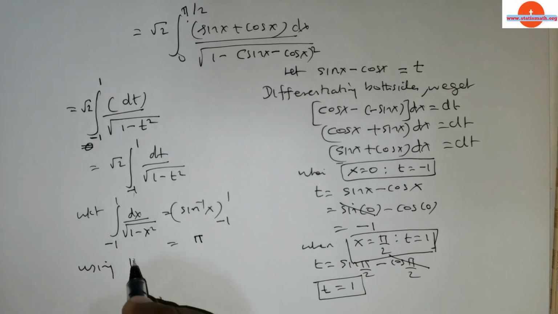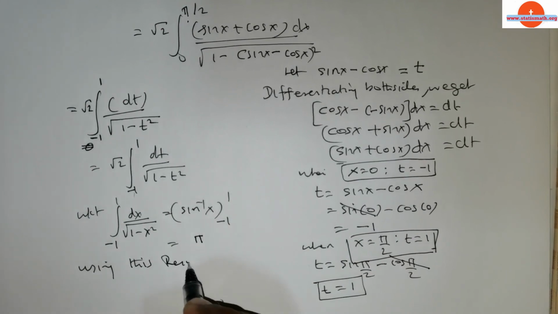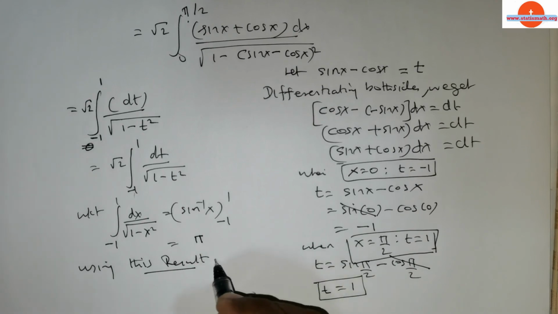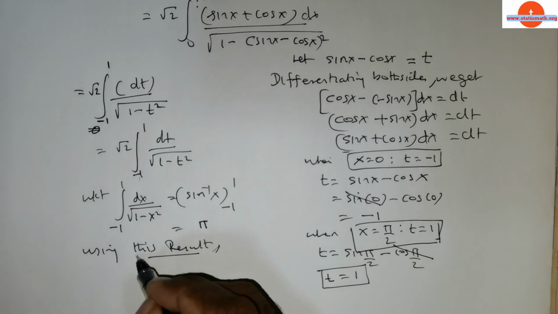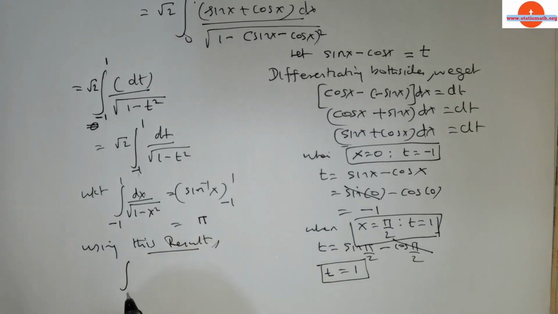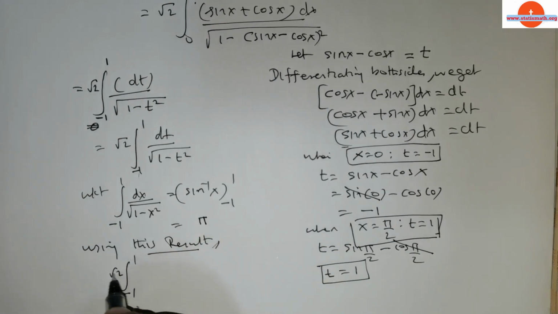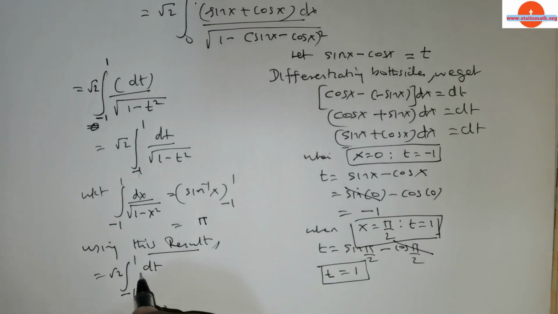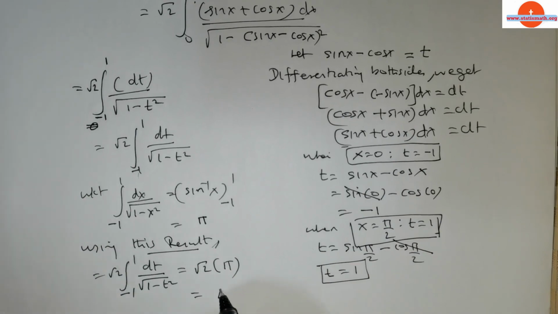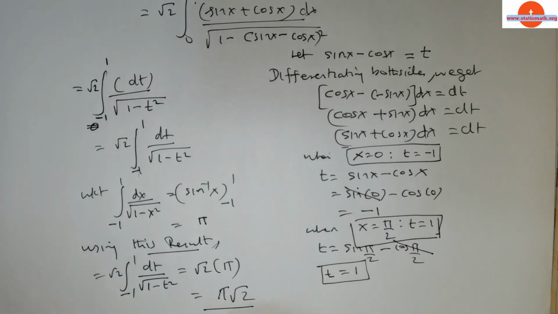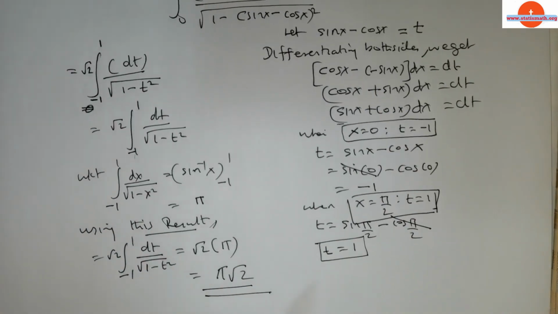So using this result, this integral from negative 1 to 1 of root 2 times dt over root of 1 negative t squared will now be equal to root 2 times pi. So you can write it as pi times root 2. So this is the final answer for the question.